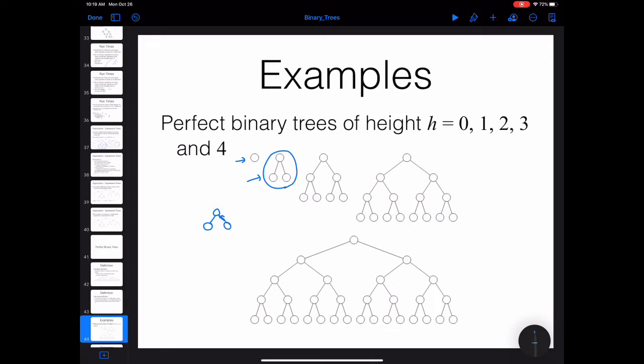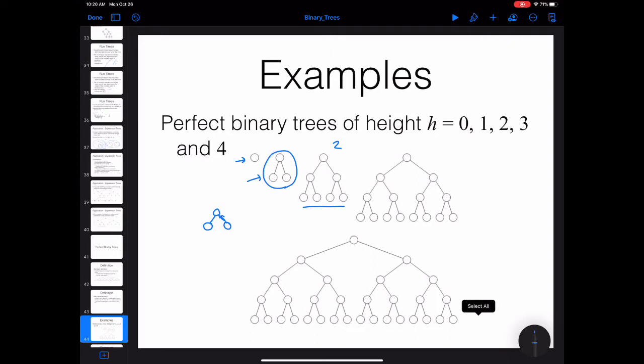If I'm going to create a perfect binary tree of height 2, it will look like this, where you have 3 levels and all the nodes are full.